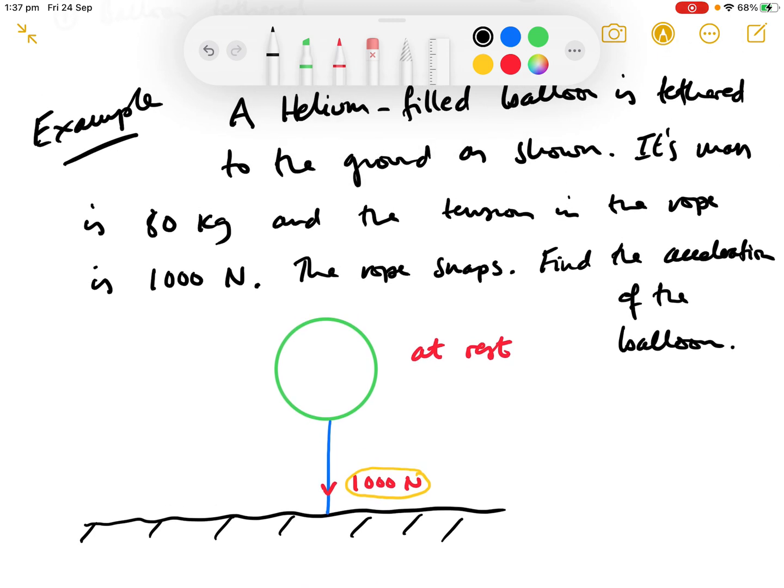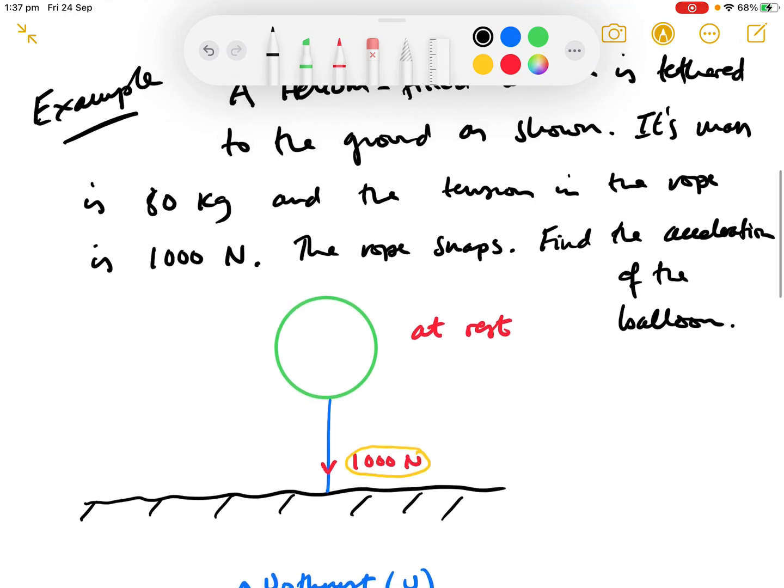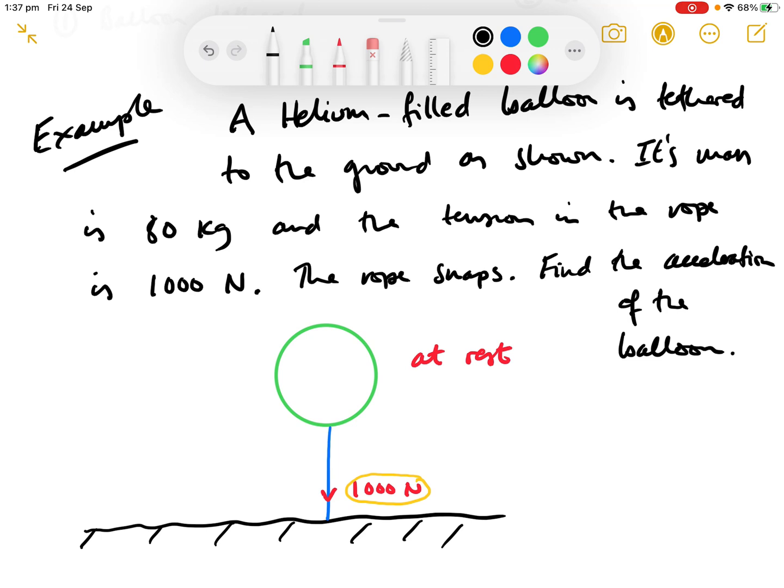Right, so here is our situation diagram at the beginning. You can see the balloon there, and it's always worth sketching the situation diagram. It helps you envisage what's actually going on.